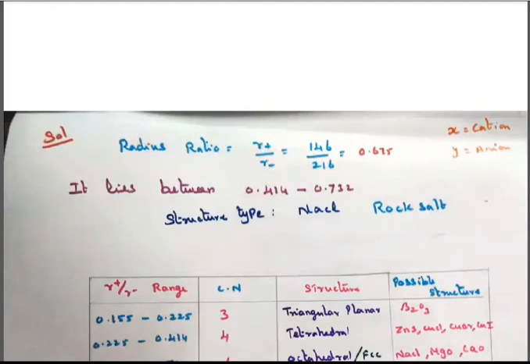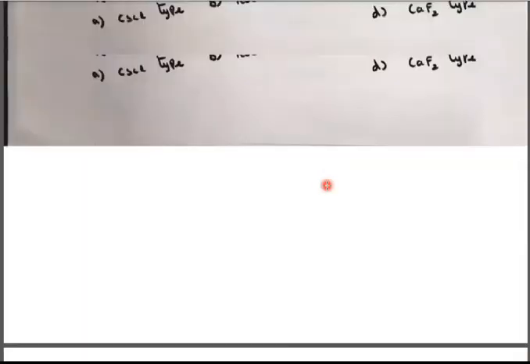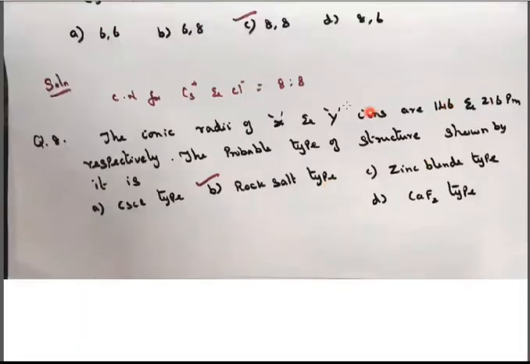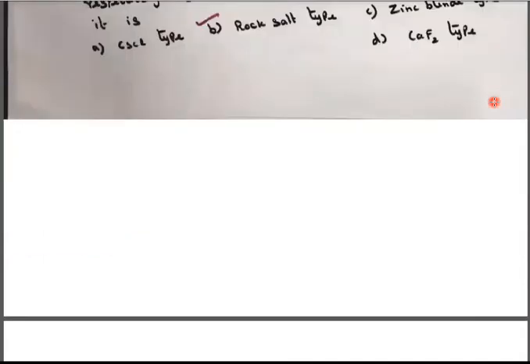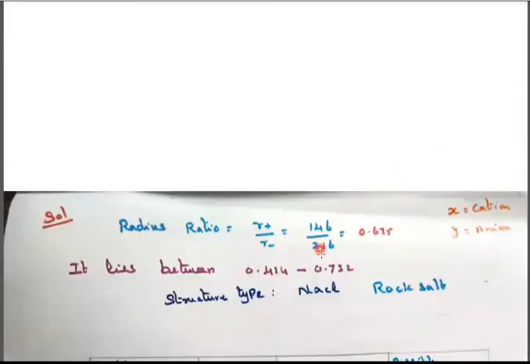X is the cation and Y is the anion. X value is 146 and Y value is 216 in picometer. Finding the ratio between these two, we get the answer 0.675.